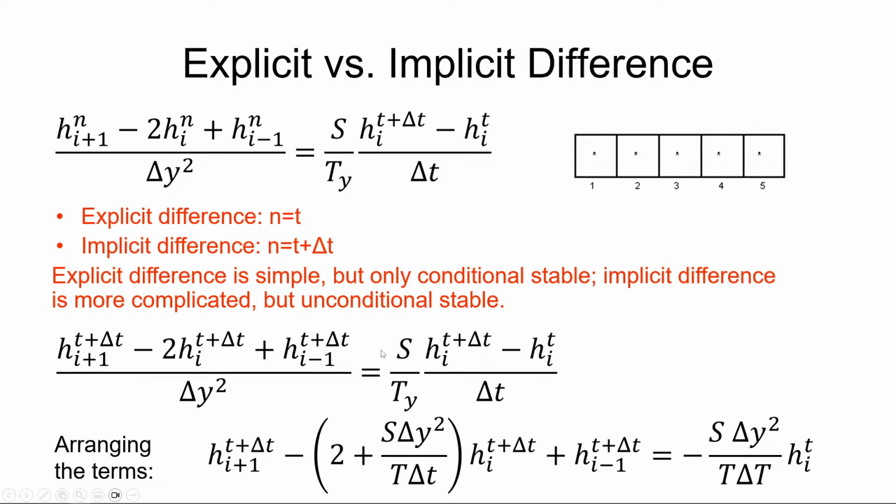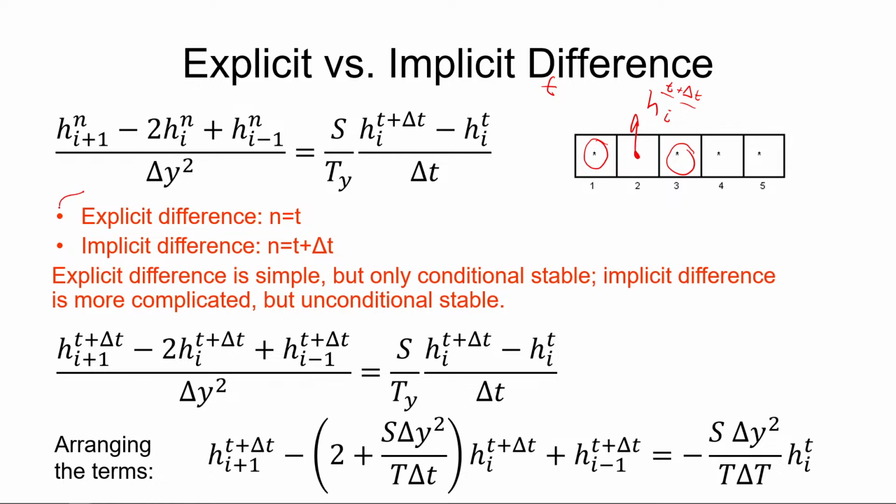So let me show you here. This is called explicit difference, where now here this is h, and I want to estimate at t plus delta t. I will not use the value of this guy and the value of this guy at t plus delta t, but just at t, the previous time step without delta t.